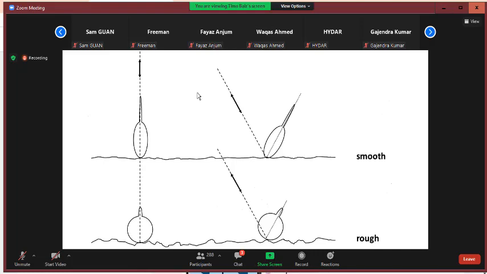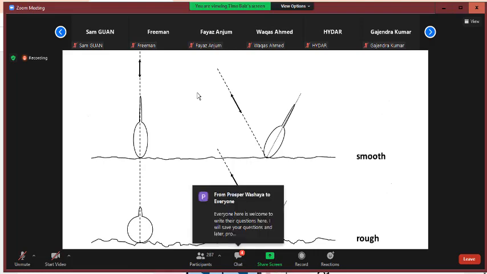So there would be a rather black pixel, even though the reflection is very strong, but it's very strong away from our sensor. But if we have a rough surface, the reflection coming back to the sensor is very small, but there's something coming back.